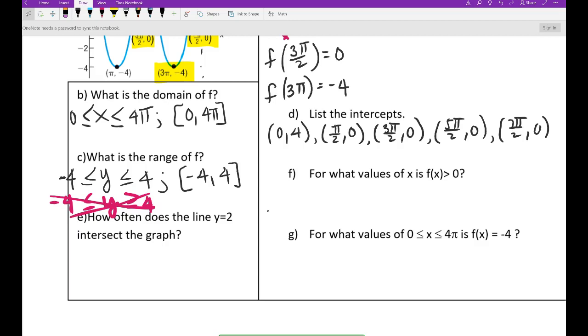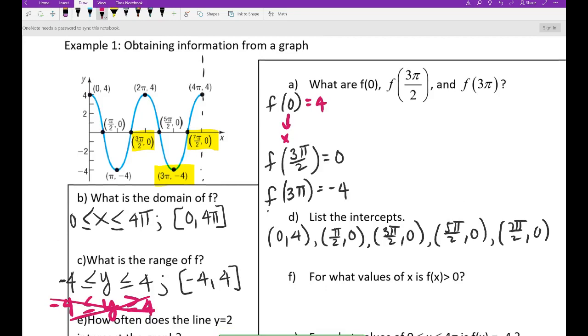So I'm going to draw it out, maybe in a red pen. Here we go. I'm going to go up to y equals 2. This is what it looks like. And of course you can always draw it out. It's your own notes. So there's that line. The question says, how often does this line intersect, meaning cross or touch, the graph?